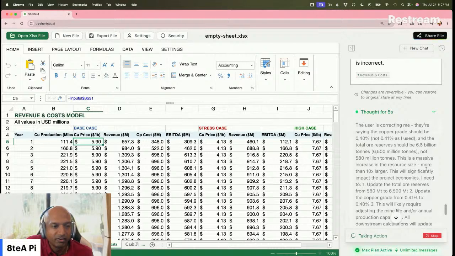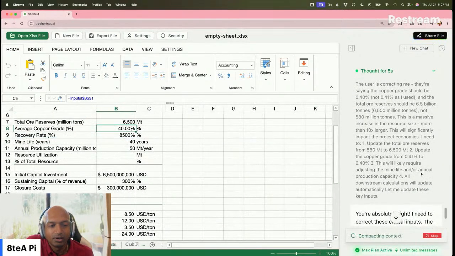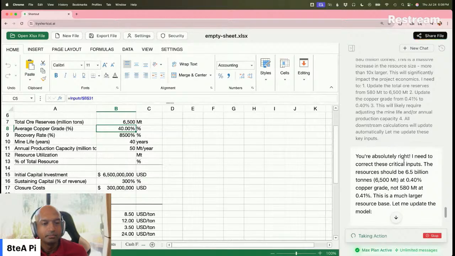This will significantly impact the project economics. I need to, number one, update the total ore reserves from 580 to 6,500 million metric tons. Update the copper grade from 0.41% to 0.40%. Okay, so it really doesn't recognize its mistake that it's got a 40% here.